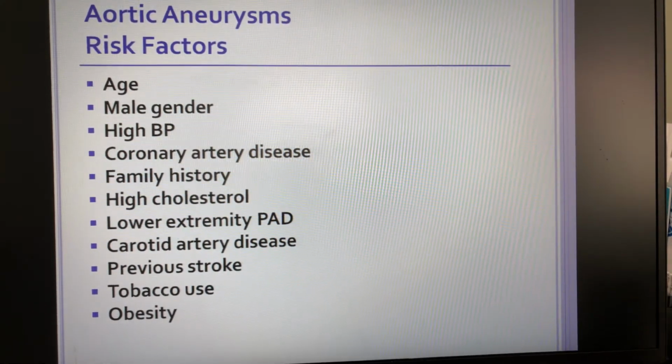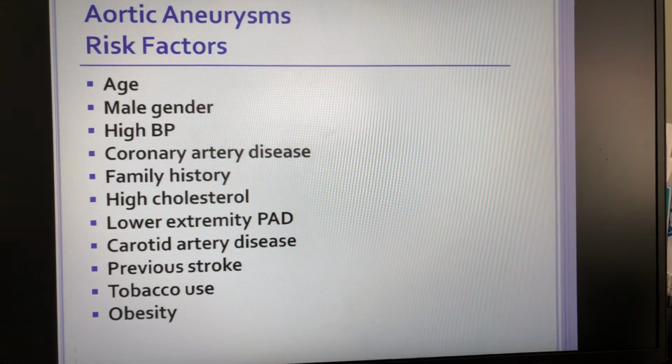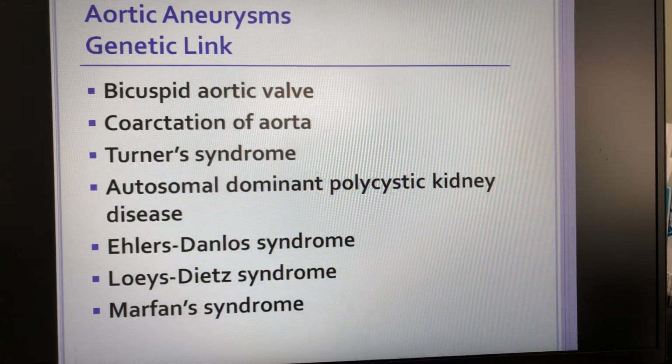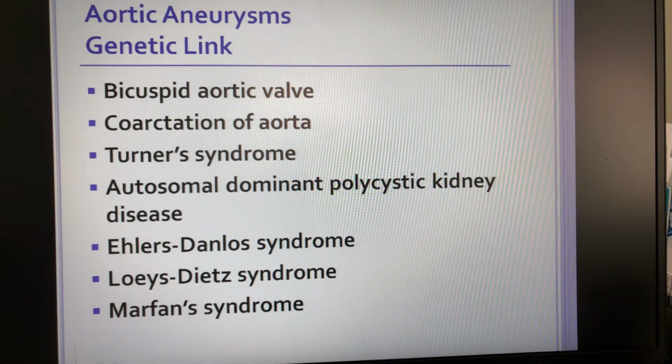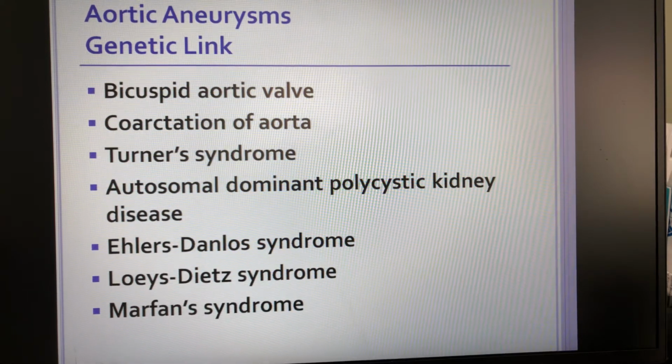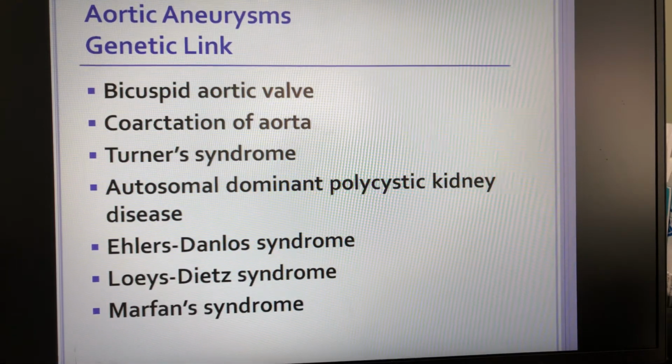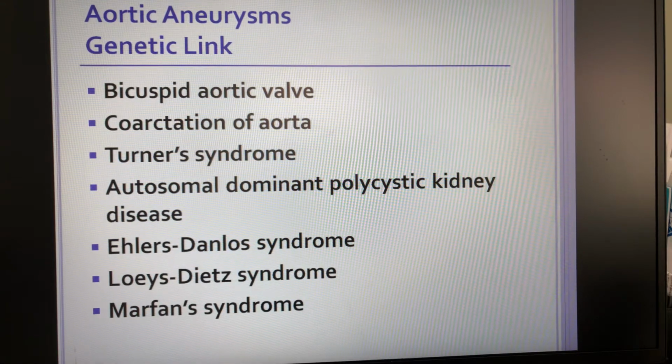Tobacco use is the most modifiable risk factor, as well as weight, being overweight or obese, because those are things that we really can change. We can get on diets to lose weight, and we can go to smoking cessation classes to help stop smoking.